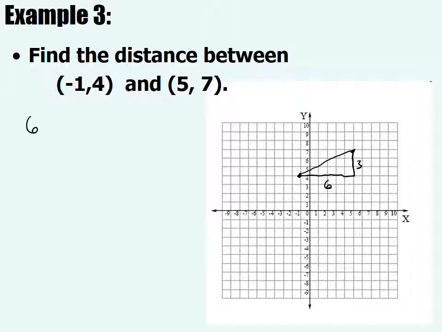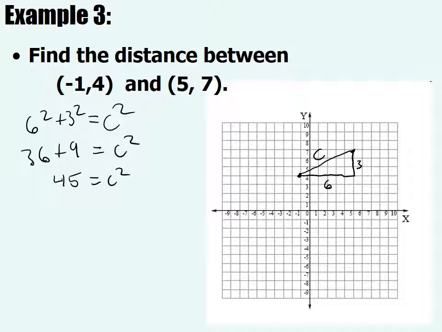So I know that 6 squared plus 3 squared equals c squared, the hypotenuse squared. 36 plus 9 equals c squared. So I've got 45 equals c squared. Taking the square root of both sides, I get c equals the square root of 45.